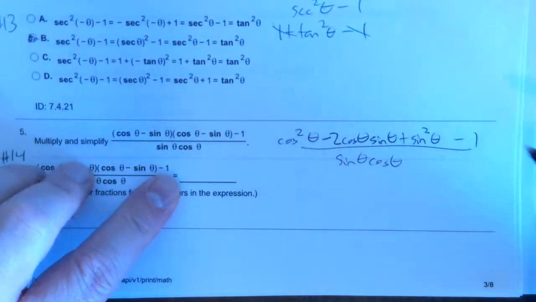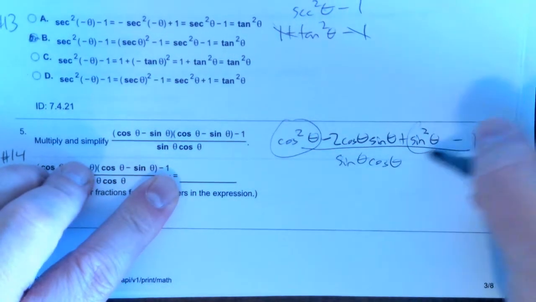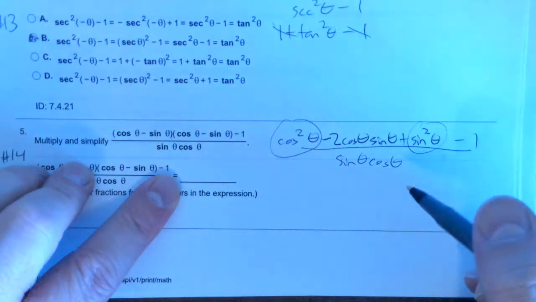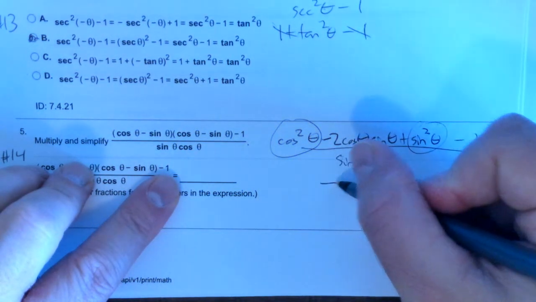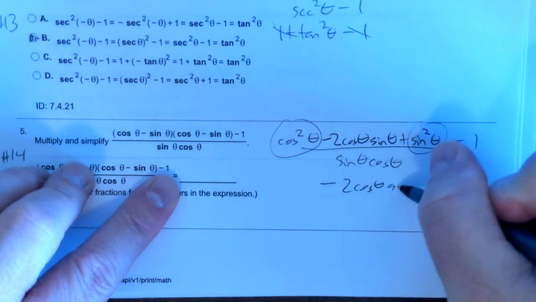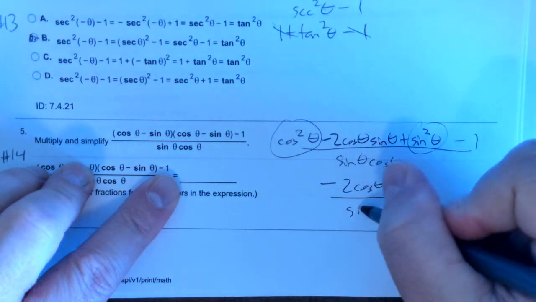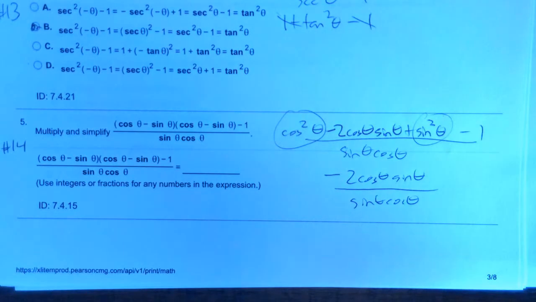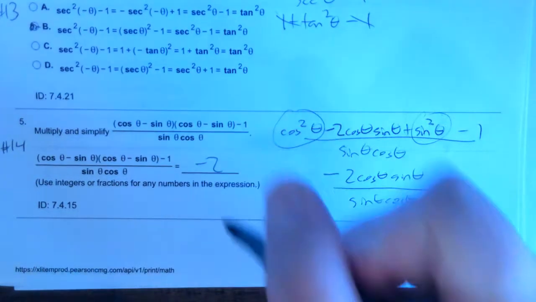Then remember that cosine squared plus sine squared is 1, and then 1 minus 1 cancels. So then you have negative 2 cosine theta sine theta over sine theta cosine theta. And the order does not matter, and so on this one you just end up with negative 2.